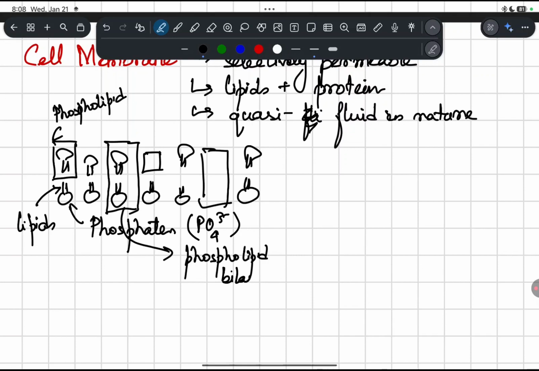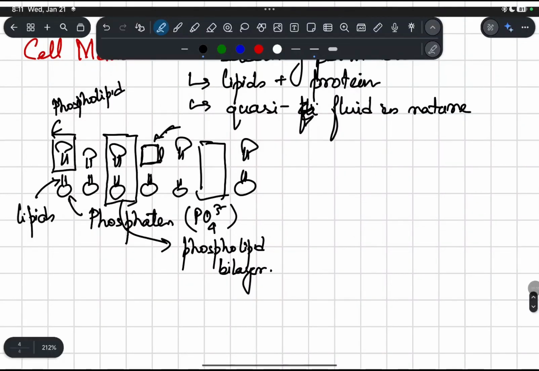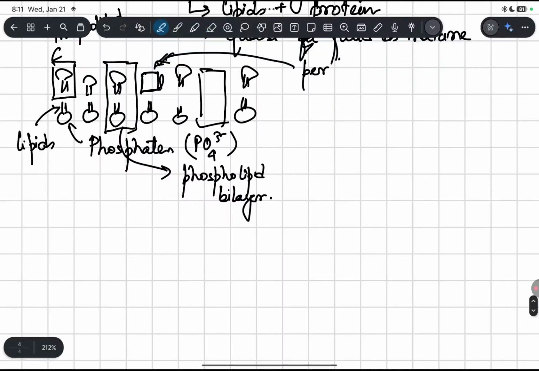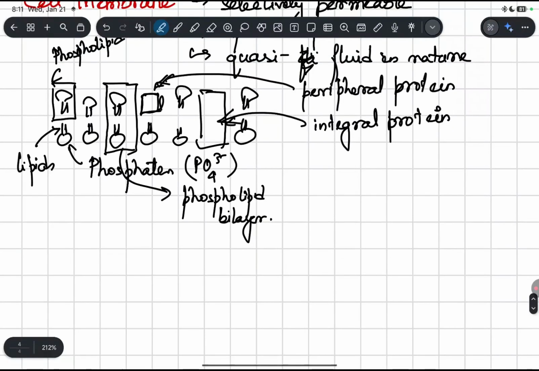And this is peripheral protein, and this one is integral protein. The upper one is peripheral protein, and this one is integral protein.